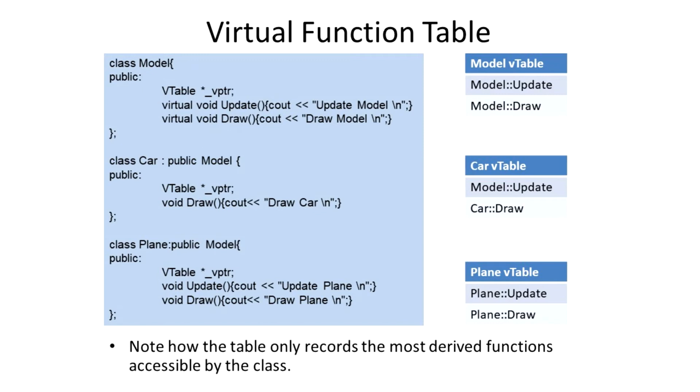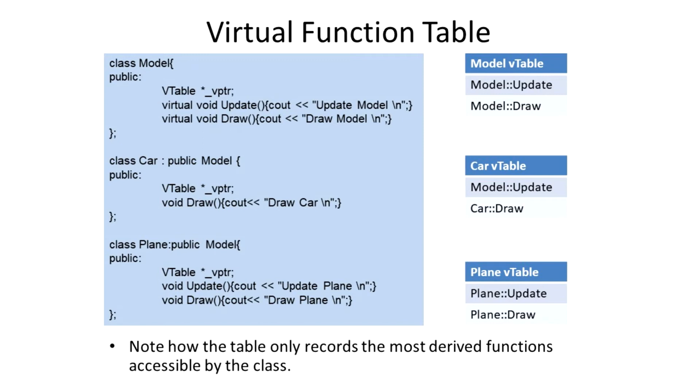Okay, so then let's go on and have a look at the final class, which is plane. Again, that inherits from model. And of course, as it's inheriting from a class that has virtual functions, we have a virtual table pointer, which is the same again. And here we are specifying overrides for both the update and draw functions. So therefore, in the corresponding VTable, we see the derived functions, the actual overridden functions.